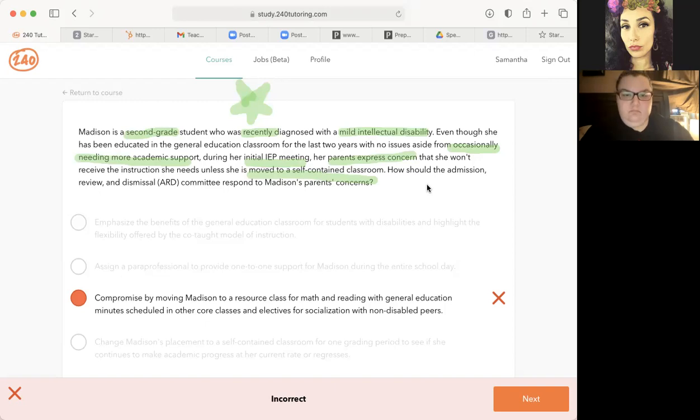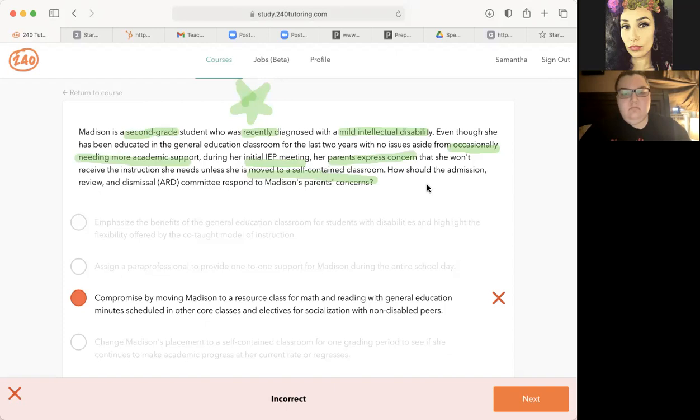The goal is that we want to express a response to the concerns that they have. And I would say that we could provide more in-class instructional support so that we're providing opportunities for the least restrictive environment. So provide a co-teacher, someone that can be with them.